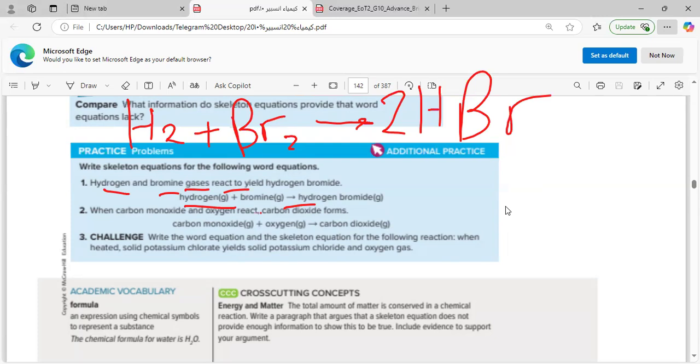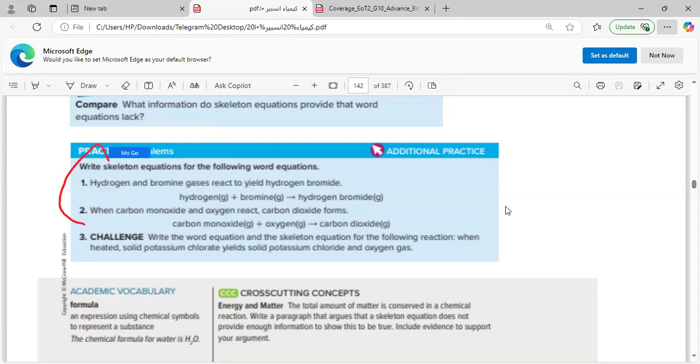Next, we write carbon monoxide and oxygen react to give carbon dioxide. Here mono is CO. If it was di, it would be CO2.